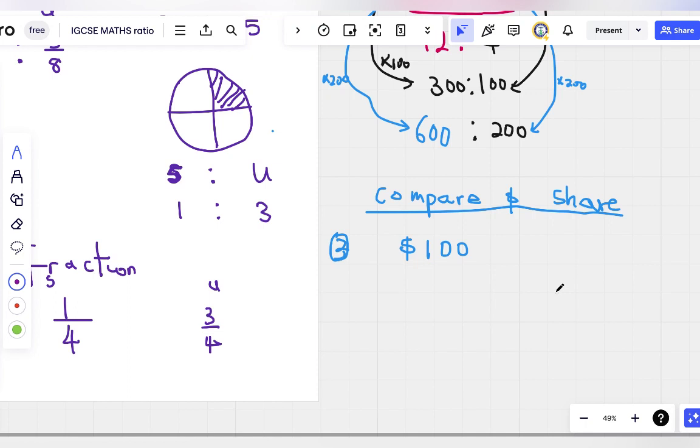So this $100, let's say we want to share in the ratio of, okay, let's say it's between Abdamid, Saliu, and Omar, in the ratio of 7 to 4.